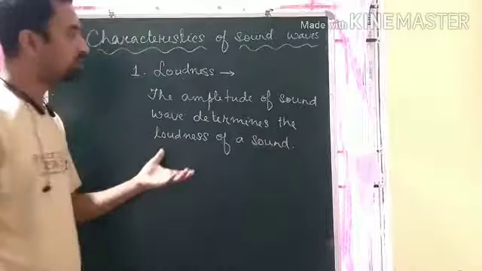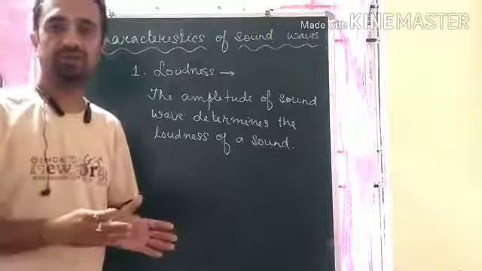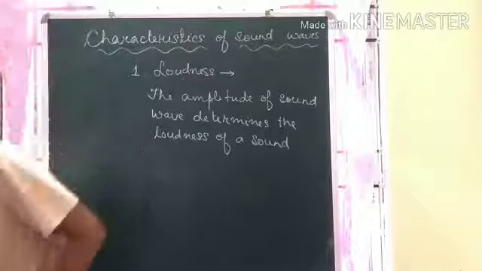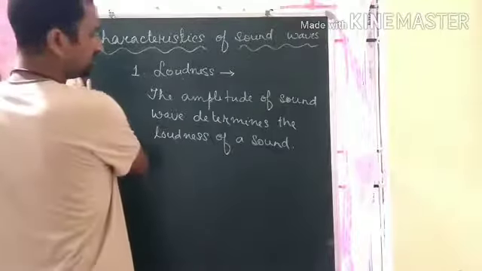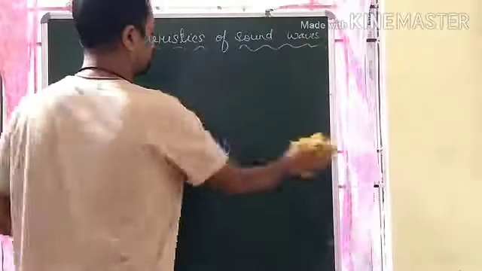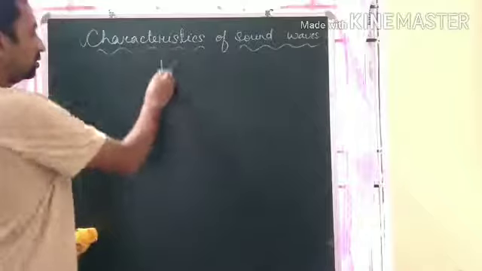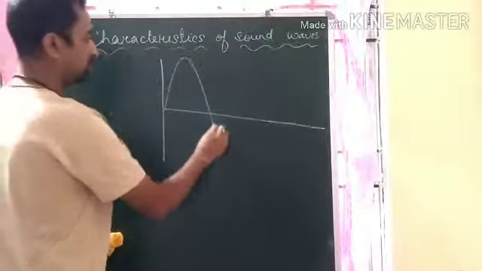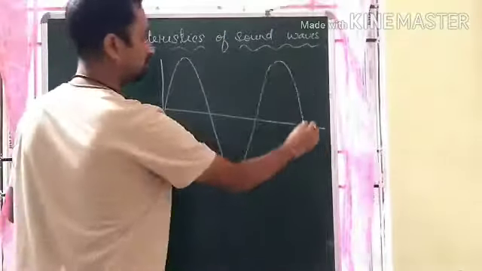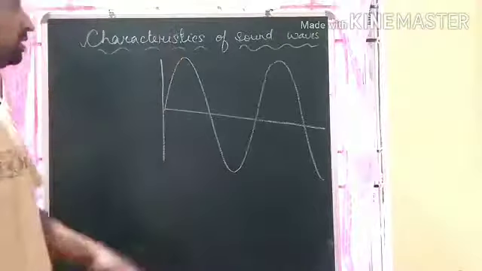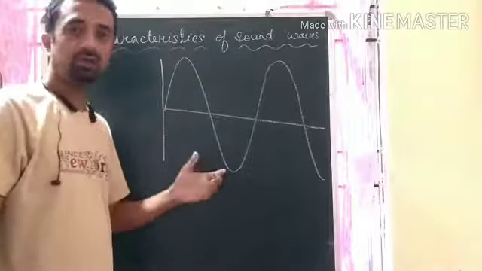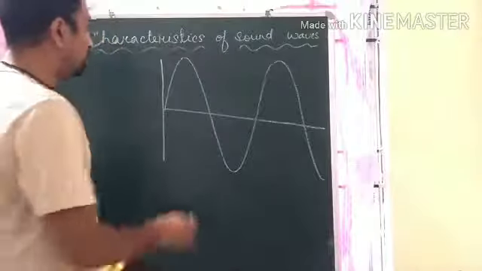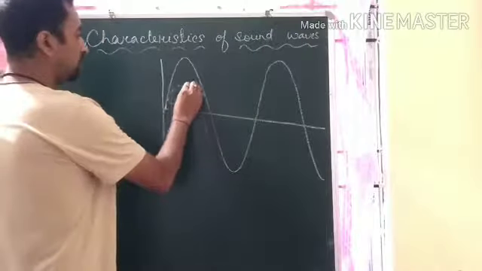Now if we want to draw the wave shape for a loud sound and a soft sound, how can we draw it? Here you see, this is the wave shape of the sound wave that is produced by a source, and there is another source which produces a different wave shape like this.